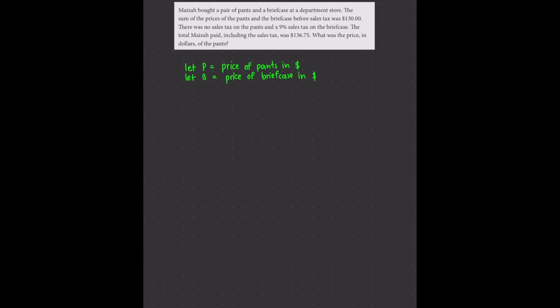Since the sum of the prices before the sales tax was $130, the equation P plus B equals 130 would be true. From the question, a sales tax of 9% was added to the price of the briefcase. Since 9% is equal to 0.09, the price of the briefcase with tax would be B plus 0.09B equals 1.09B.